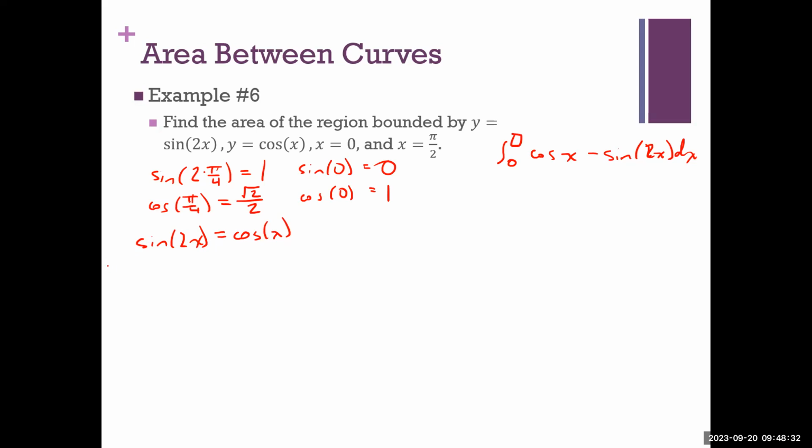Oh, so someone chose a point inside our interval. That could have been anything. I chose 0 to point out why this is going to be more complicated than it might look. The double angle identity you might not remember is that sine of 2x equals 2 sine of x cosine of x, equals cosine of x. Now what? How do we finish solving this?